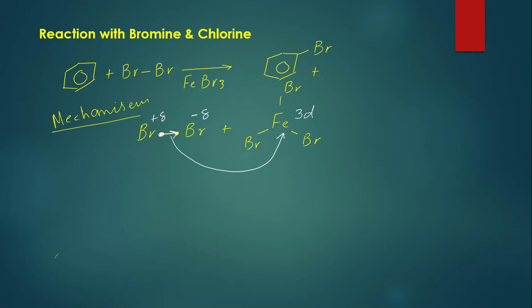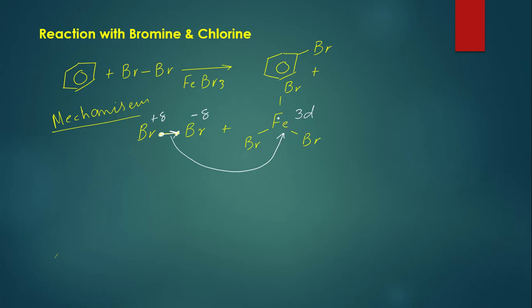This lone pair of electrons makes a dative bond or coordinate covalent bond, in which one lone pair from one molecule is attracted towards the electron deficient atom.